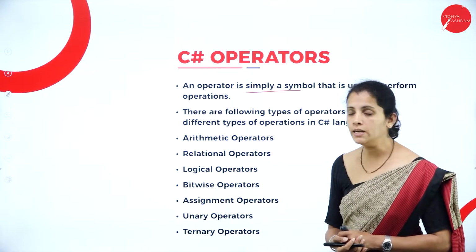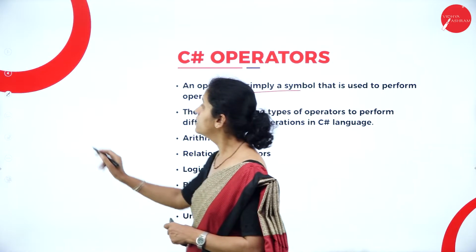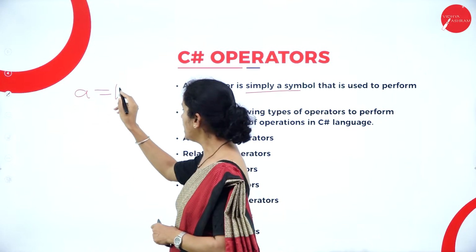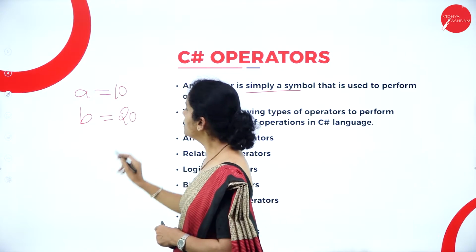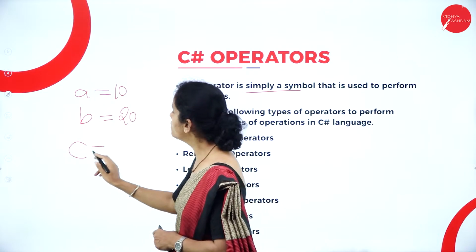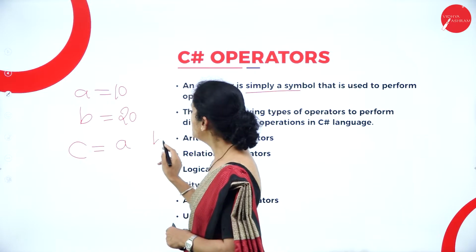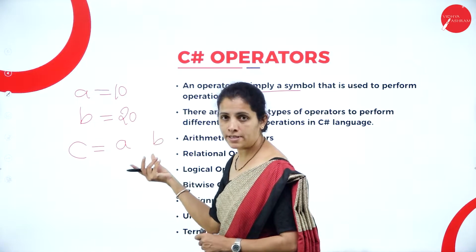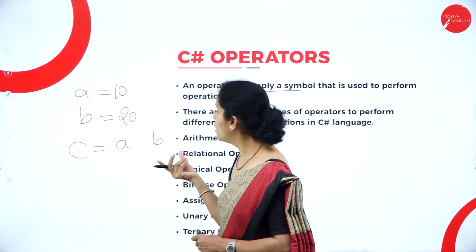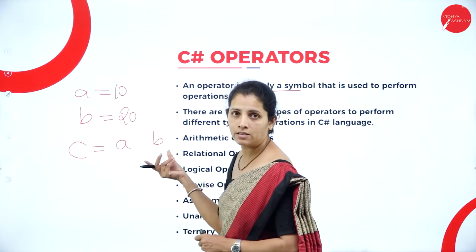So dear student, if I have A equal to 10, B equal to 20, and if I write C equal to A and B, I want to add, or I want to subtract, or I want to multiply, or I want to find the difference.